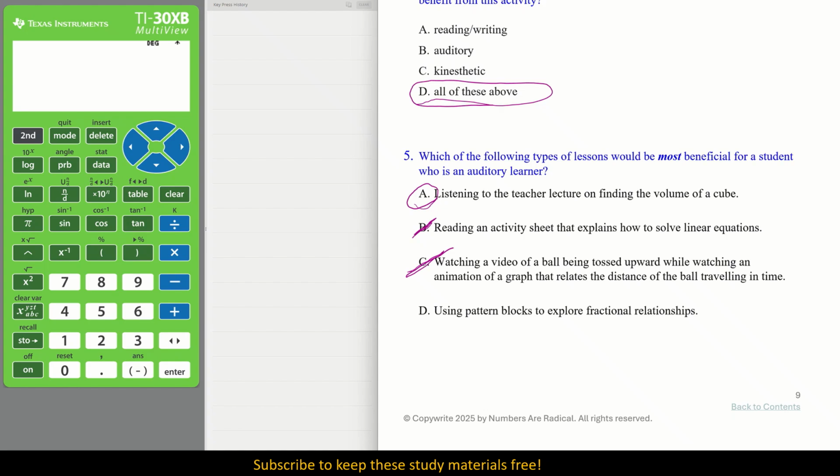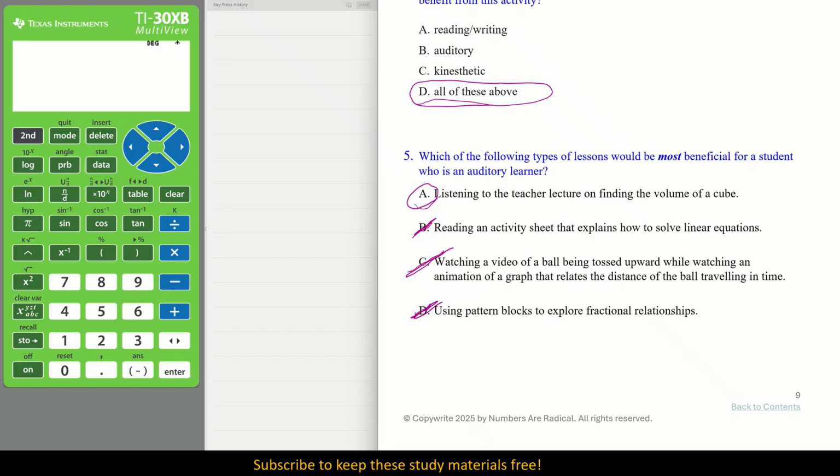And they're saying watch an animation of a graph that relates to the distance a ball is traveling. So they're really just watching an animation. They're not listening to what's happening. Okay, it's very specific on that. Now let's look at D. Using pattern blocks to explore fractional relationships, of course, that's a hands on.